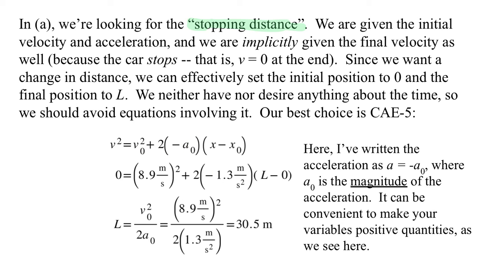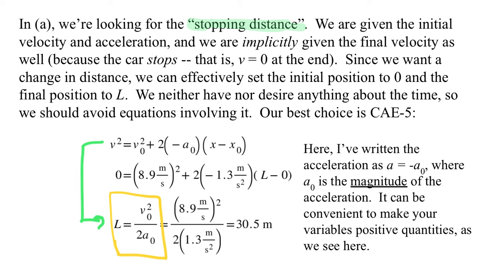Notice that something I do a lot is I actually solve the algebraic equation first and then put numbers in. You can do it any way you want, although we're going to see in a second my way is better, or at least in this case it's going to pay off for us. The distance that the car stops is 30.5 meters, which is pretty far. It's about a third of a football field.